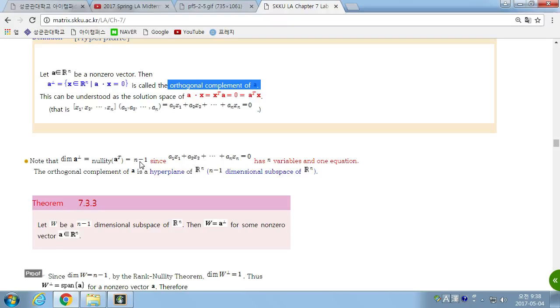What's the nullity of A transpose? Okay. It has n variables and one equations. It has n minus one free variables if A is not a non-zero vector. So rank should be n minus one. Okay. So this orthogonal complement of A is called the hyperplane of Rn, n minus dimensional subspace of Rn.